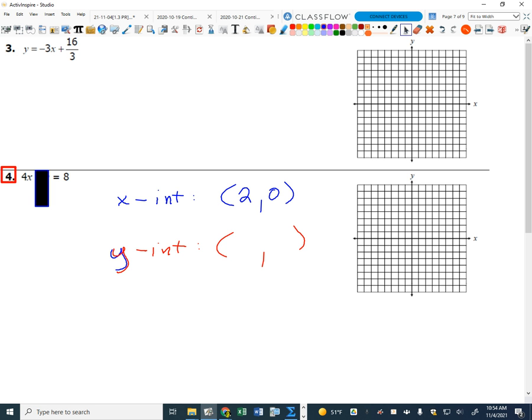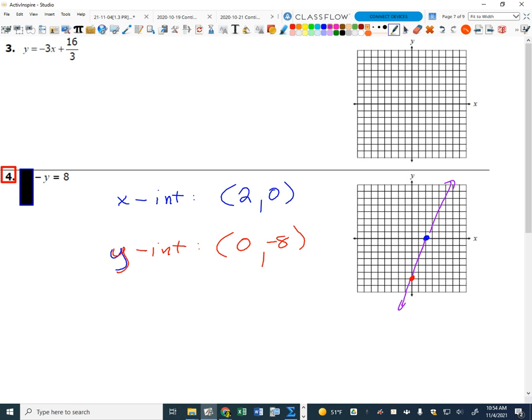X is 0, so I'm covering up that X term, and then I get negative Y equals 8. So what's Y? Negative 8. Excellent. So in this case, X is 0, Y is negative 8. We can graph those two things. And there is our line.